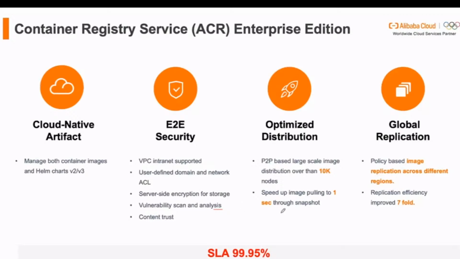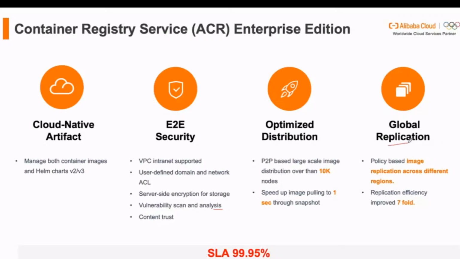applications. We also provide P2P-based large-scale image distribution over more than 10,000 nodes. It can speed up image pulling to 1 second through snapshots. We also provide policy-based image replication across different regions.